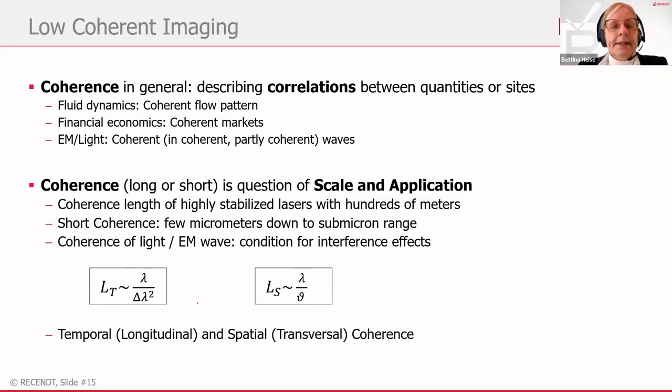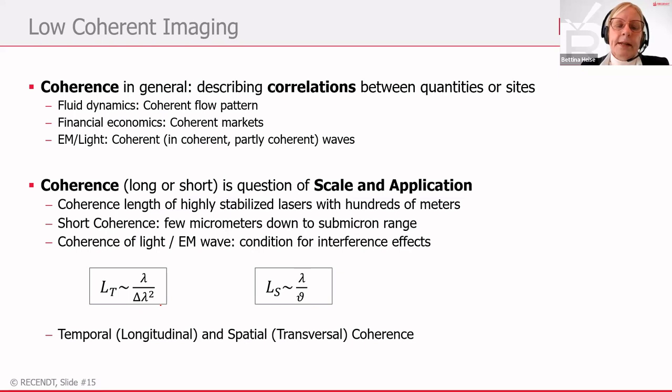What we have additionally is coherence related to time, that is, the phase stability of a wave in time. That depends on the spectral width of the light source. If it's very narrow, then we have a very long temporal coherence. If we have rather broadband sources, then it comes to low coherence.